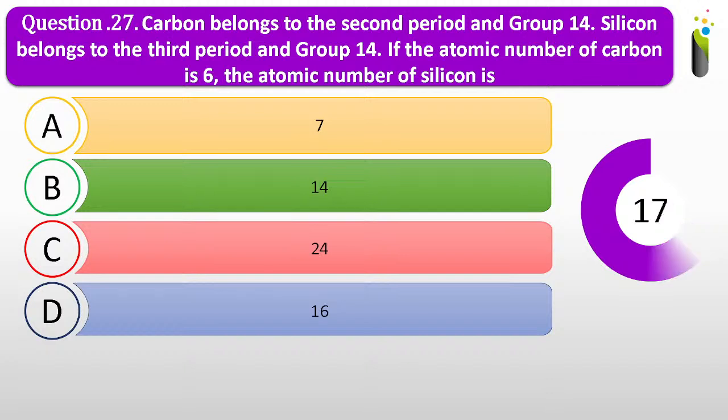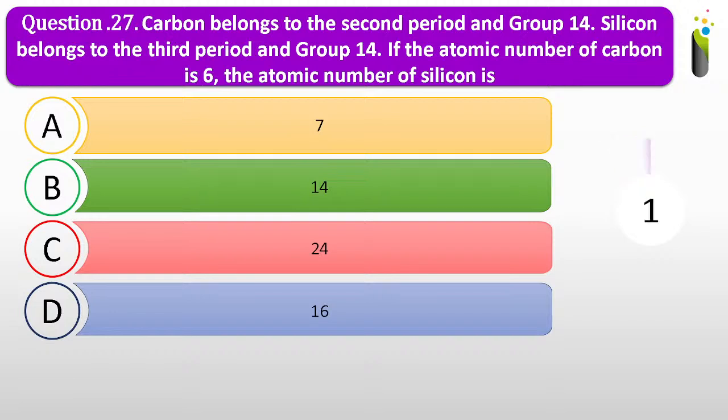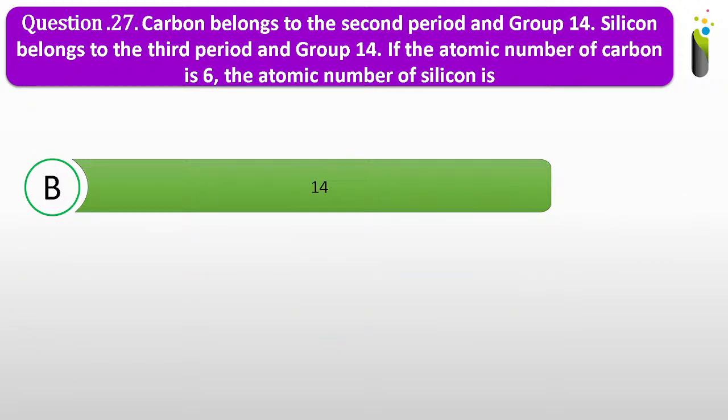So what should be the answer for this? The answer for question number 27 is 14. So if the atomic number of carbon is 6, the atomic number of silicon is 14.